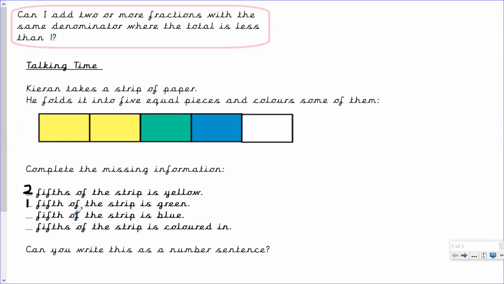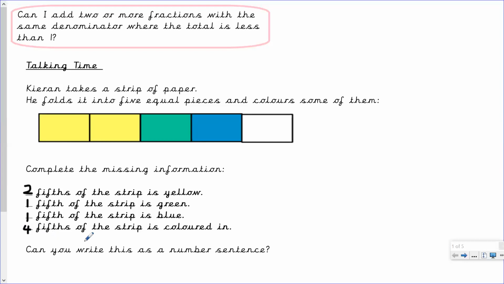How many fifths of the strip is blue? Again, only 1 fifth of the strip is blue. So, how many fifths of the strip is colored in? 1, 2, 3, 4. 4 fifths of the whole strip is colored in.